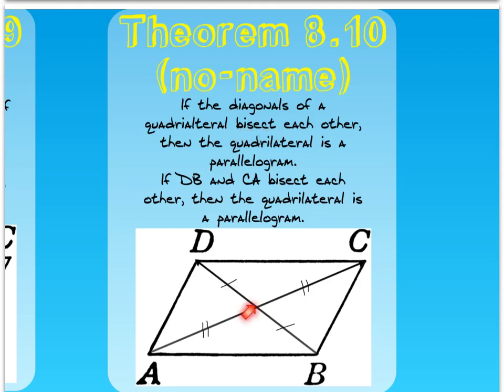Yes, these intersect, but what's important about them bisecting is bisectors cut segments into two equal or two congruent pieces. So since AC bisects DB, meaning it splits it up into two congruent pieces, and DB bisects AC, meaning it splits it up into two congruent pieces, we have that this is a parallelogram.